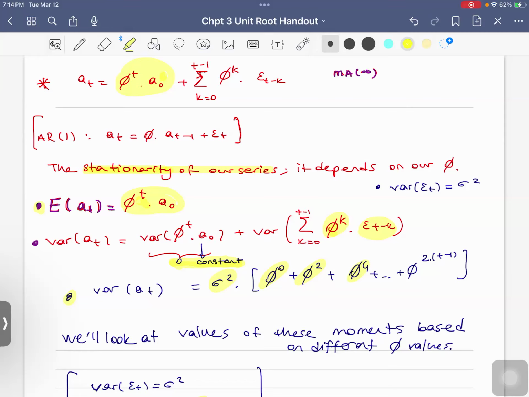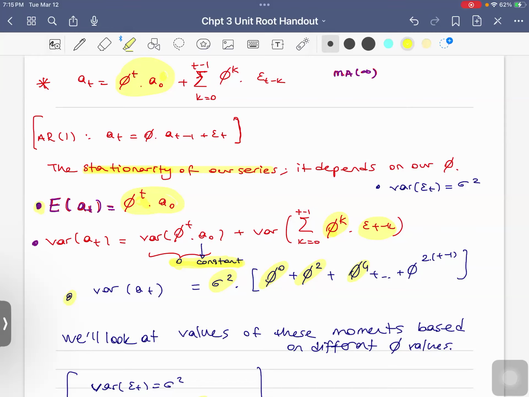The first part is the expected value of phi^t times A0, right? A0 is just a constant, so it will come off as is, and phi is also just a constant, so that will also come off as is from the expectation operator.